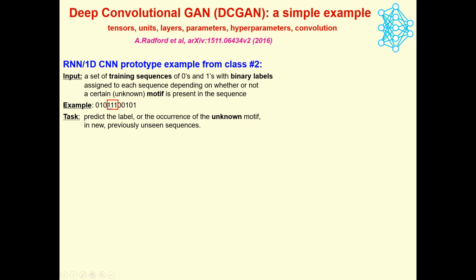For that example, we used a motif like 3 ones in a row. The purpose of the example was to train a certain network on this data, the sequences and the labels, so that the network will be able to predict labels for new, previously unseen sequences.